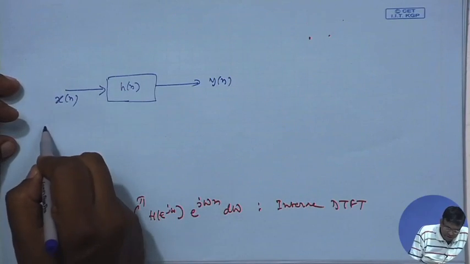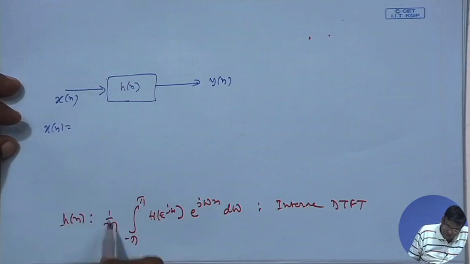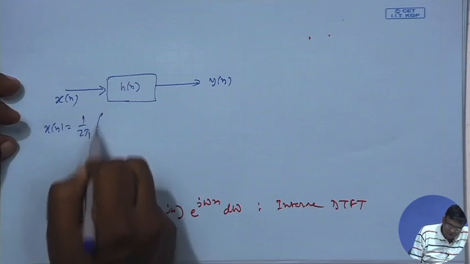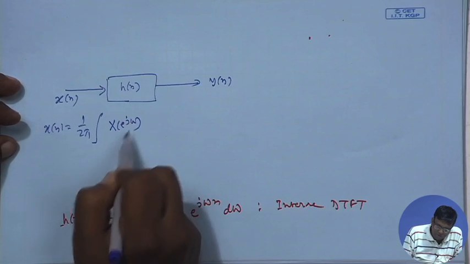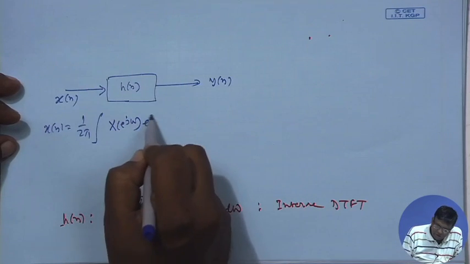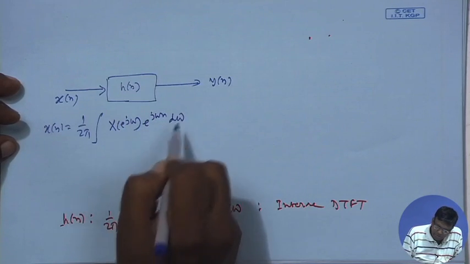Xn also can be written in the same manner using its discrete time Fourier transform, capital X of e to the power j omega, into e to the power j omega n.